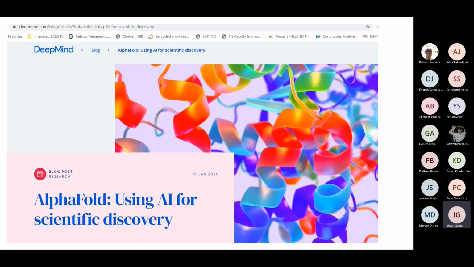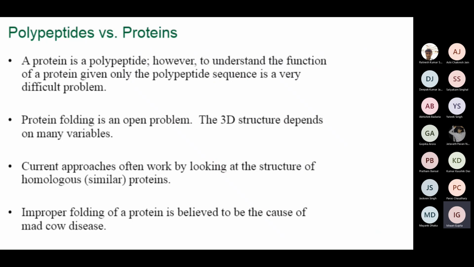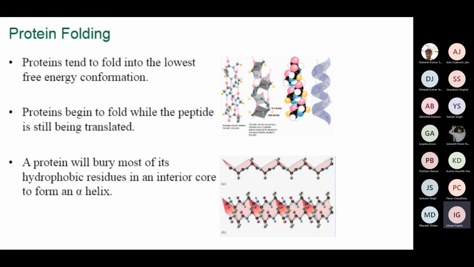Given an amino acid sequence, it can fold it into the most likely structure it's going to take inside a cell. So now you can go from an amino acid sequence to actually folding that protein and looking at it in three-dimensional space.